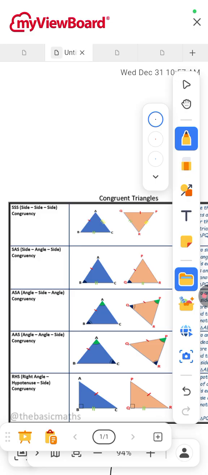Two or more triangles are congruent. It means they are equal. Yes, in simple terms, it means the two triangles are equal. So if I have two or more triangles and I want to establish that they are equal, I can't just say that out of my sentiments or by mere saying.